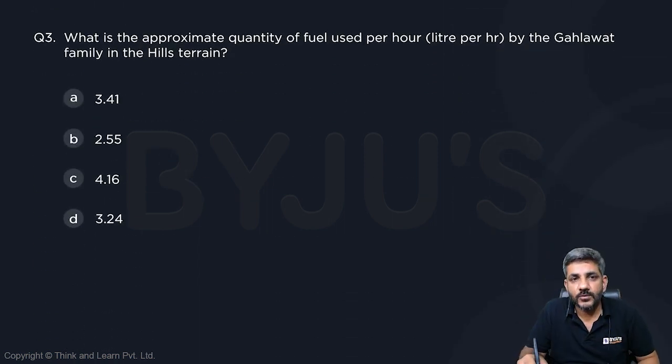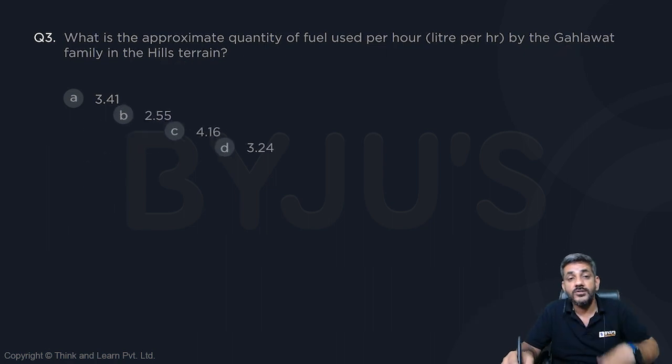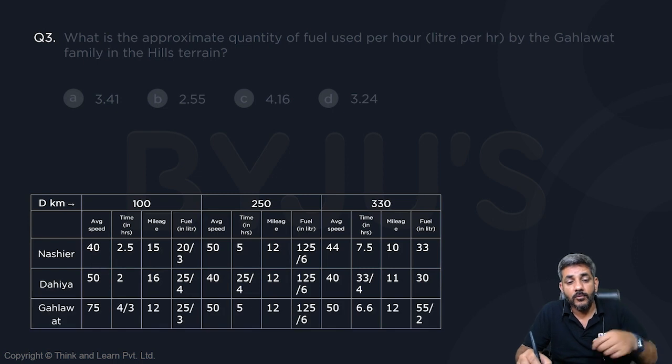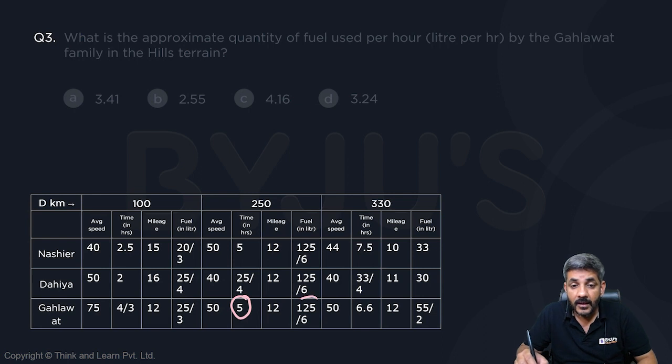This question says, what is the approximate quantity of fuel used per hour by the Gehlawat family in the hills terrain? So how much fuel have they used in the hills terrain? The Gehlawat family took 5 hours for the first 250 kilometers, and 125 by 6 is the quantity of fuel consumed by them.